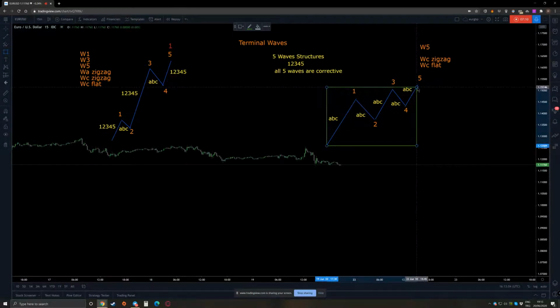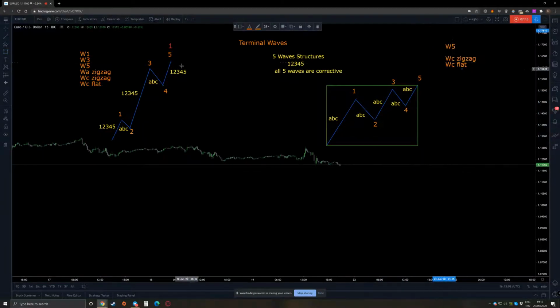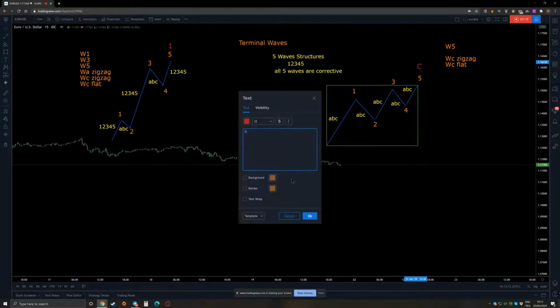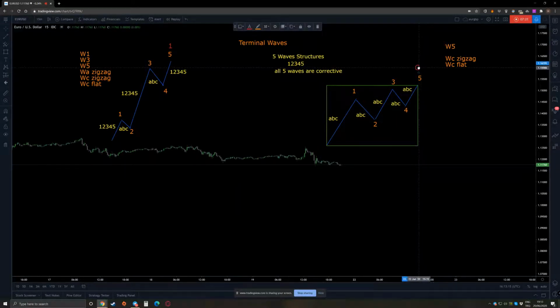And this is the end of this terminal move. And for this example's sake, let's say that this is, for example, wave C of a zigzag. If this is a wave C of a zigzag, it means here, somewhere here, I had a wave B. True.